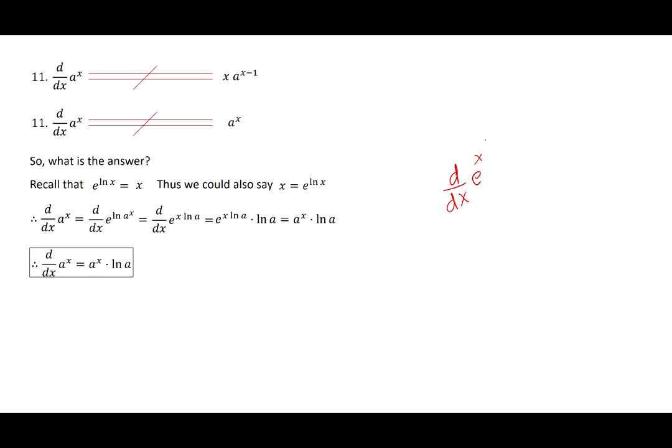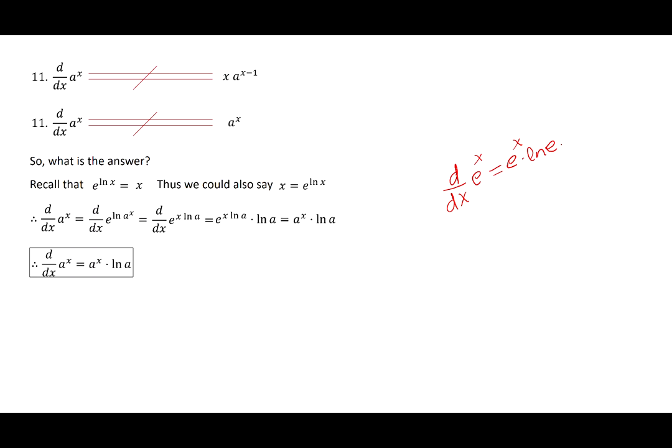So how come we don't do what we did? According to this, shouldn't we say this is e to the x, just as a to the x, times natural log of a? Instead of natural log of a, we say natural log of e. Shouldn't we say that? You are right. Yep, we should say that. But how come we don't say that?